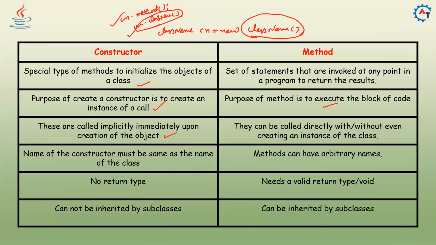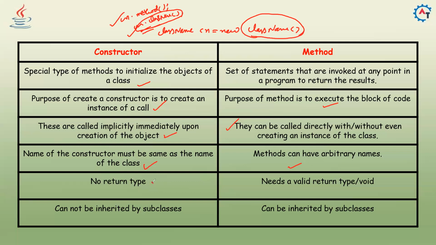For a method, you need to call it explicitly. Methods can be called directly, with or without creating an instance of the class. With an instance, it is something like this; if it is a static method, you use the class name, both ways. The name of the constructor must be the same as the class name, while methods can have arbitrary names. You can put whatever name you want, but you should give relevant names.